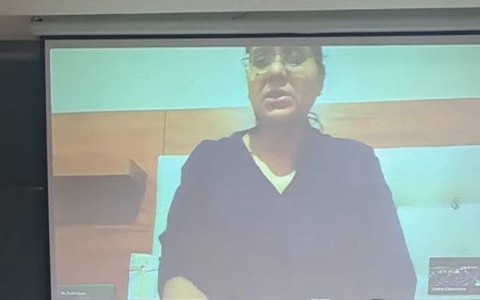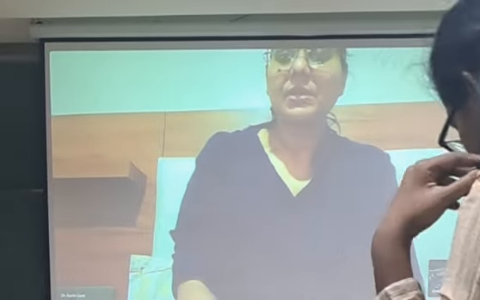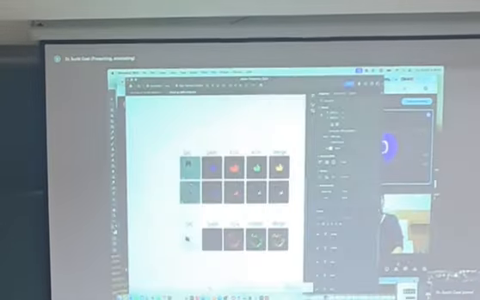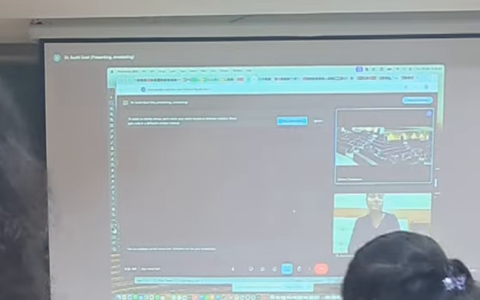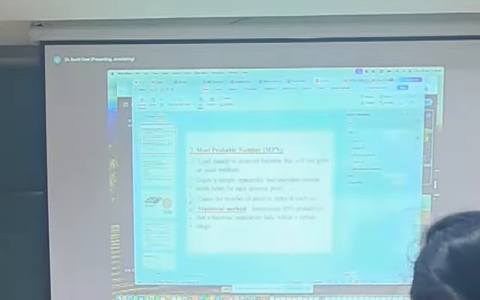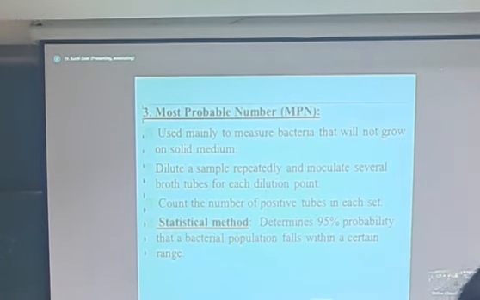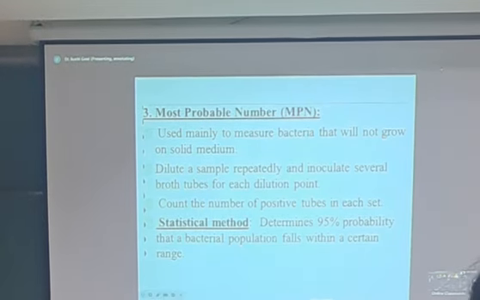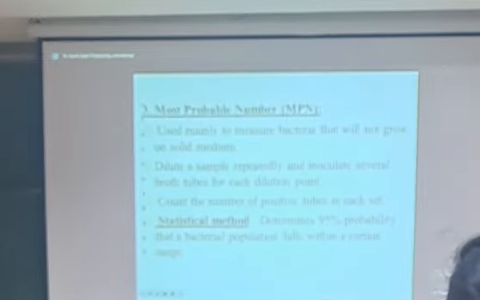And the third method we are talking about is the most probable number. So the third method is the most probable number, which is mostly to measure bacteria that will not grow on solid medium.